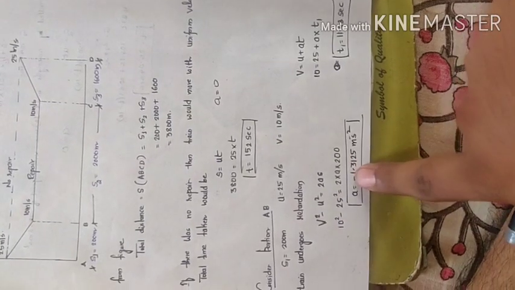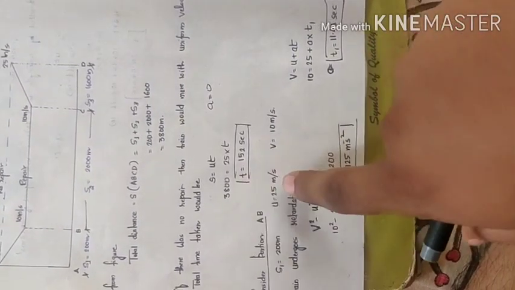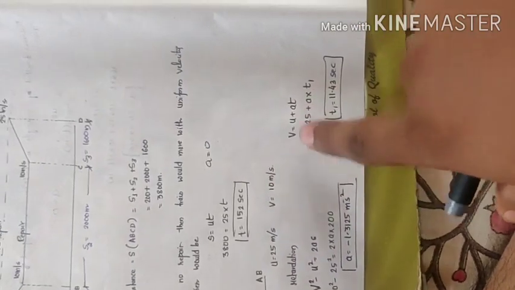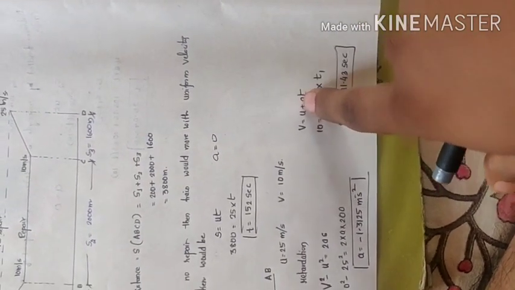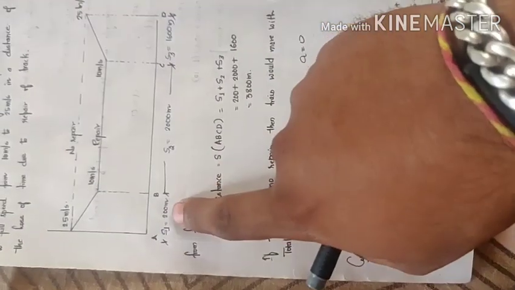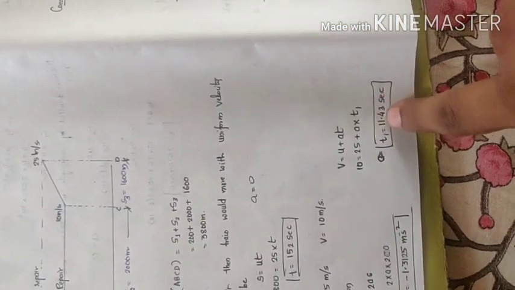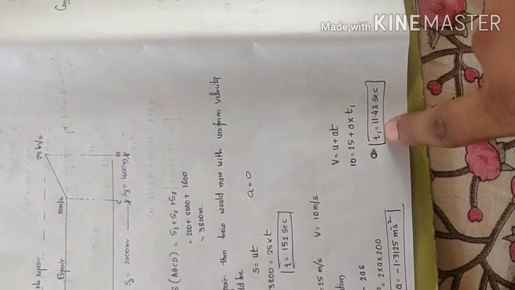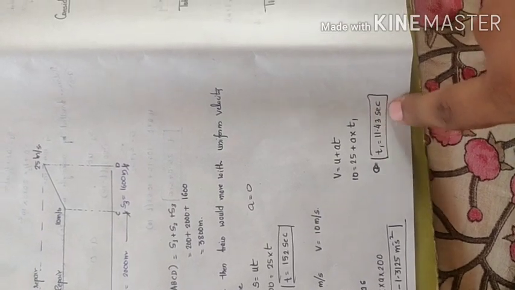It carries a minus sign because the speed is reducing from 25 to 10. Again using the relation v is equal to u plus at, I'll call this t1 because it is with respect to distance S1. I'll calculate the time required to cover the distance of 200 meters. It is 11.43 seconds.